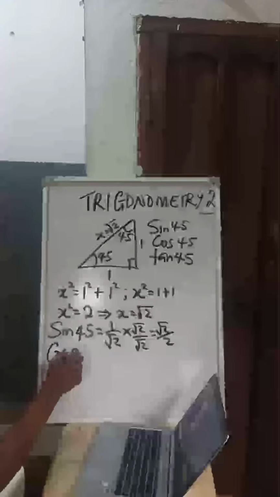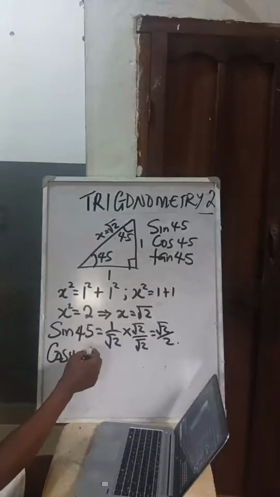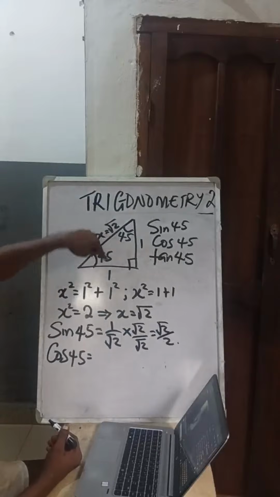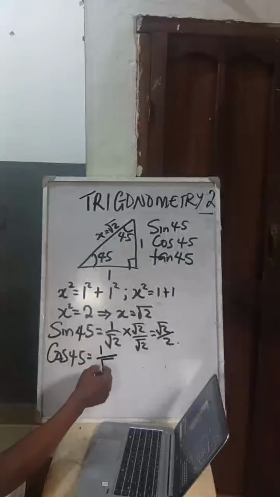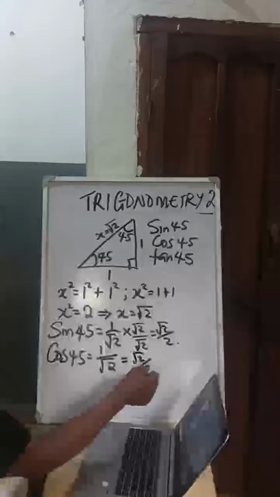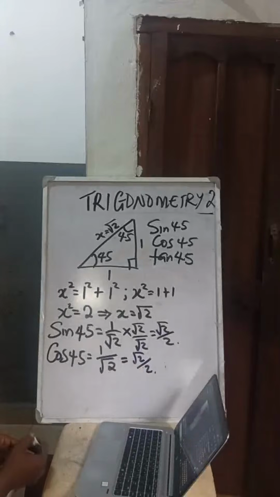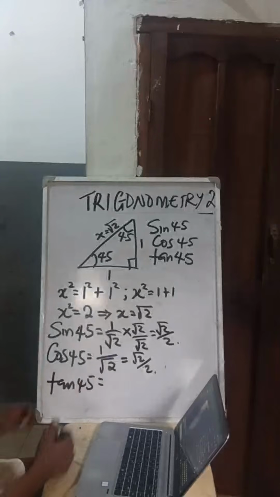Now, cos 45 is equal to adjacent over hypotenuse, 1 all over root 2, which is the same thing as root 2 all over 2 when you rationalize. Now, tan 45 is equal to what?